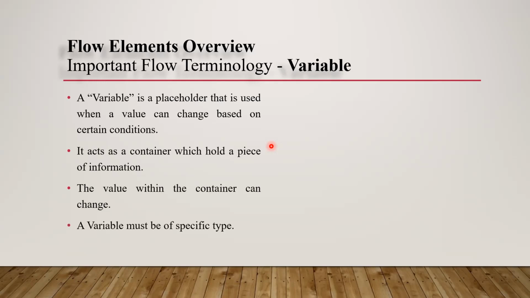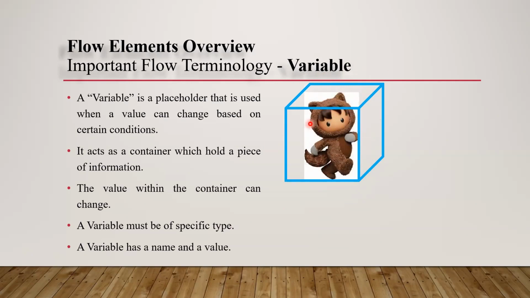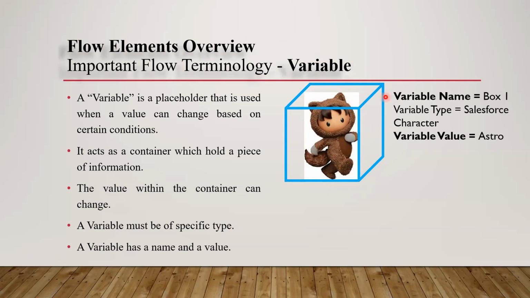A variable must be of a specific type, and it should have a name and value. So let's take an example. This is a container, and it has an Astro inside it. I know this is a Salesforce character. I give this variable the name box1.